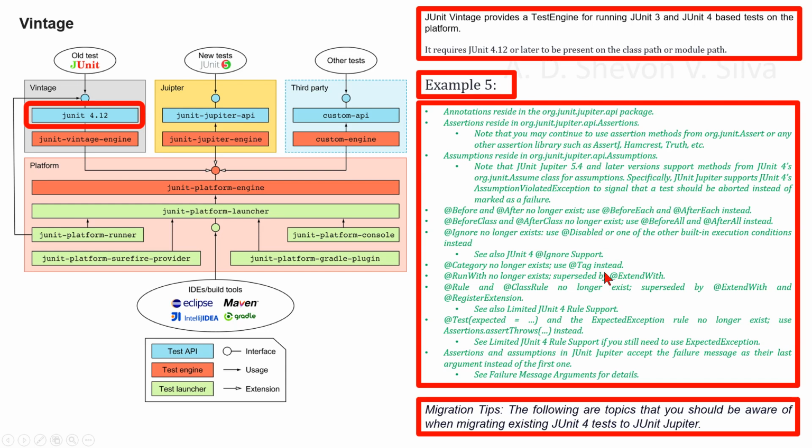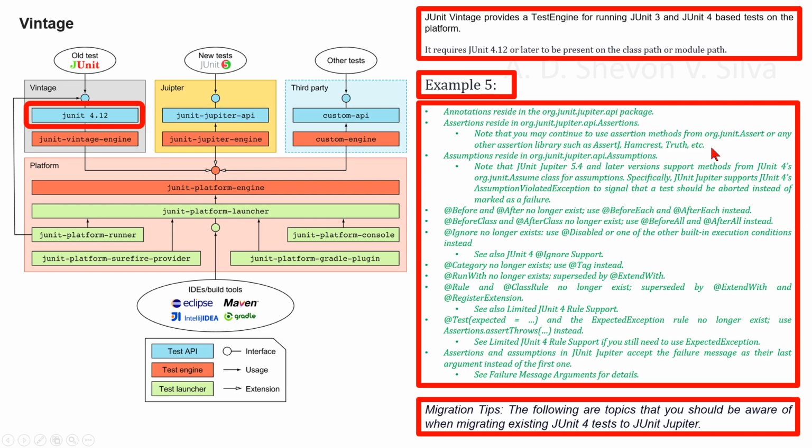Now we are considering migration tips. The following are the topics that you should be aware of when migrating existing JUnit 4 tests to JUnit Jupiter. Annotations reside in the org.junit.jupiter.api package. Assertions reside in org.junit.jupiter.api.Assertions.